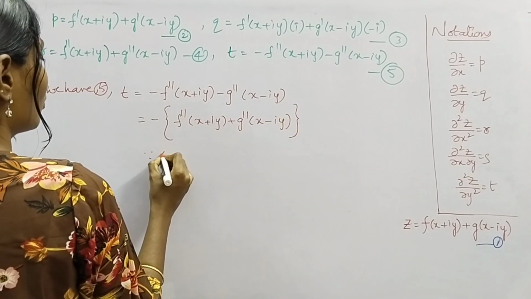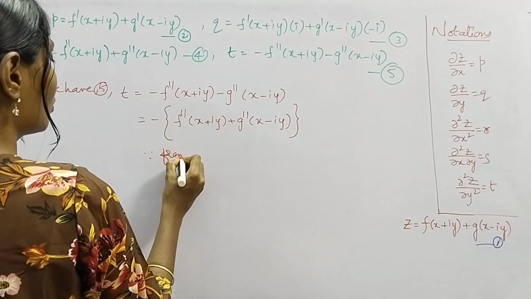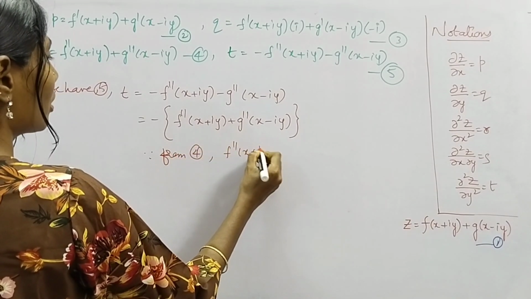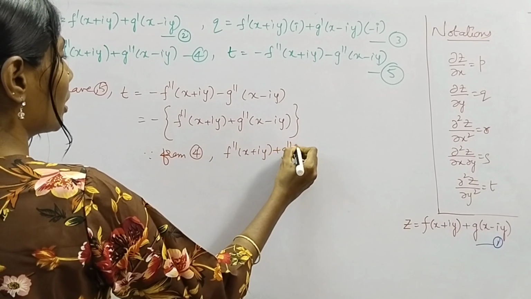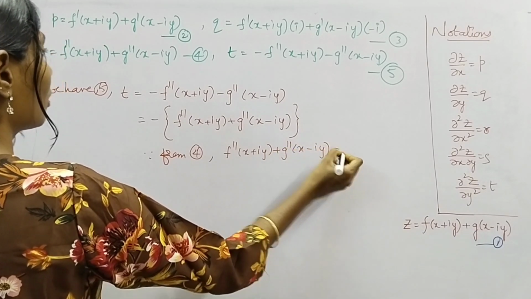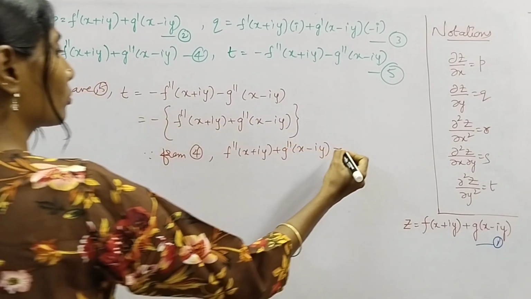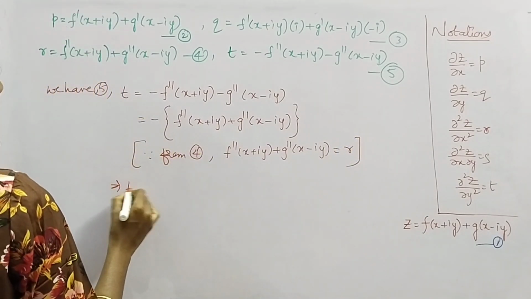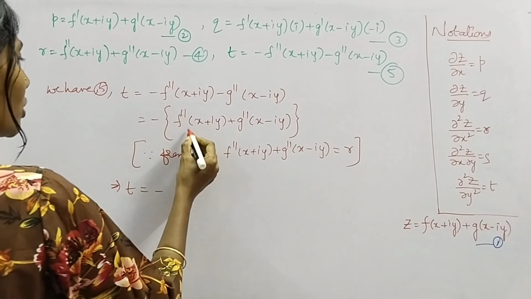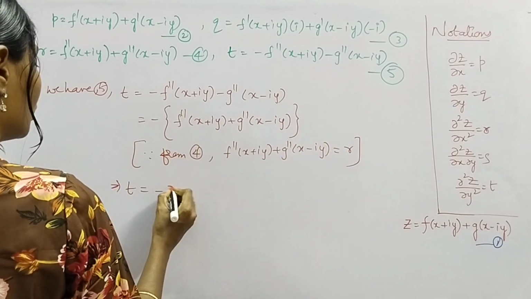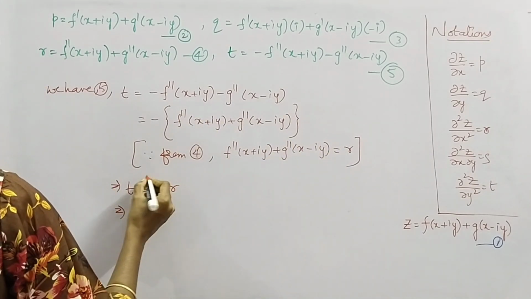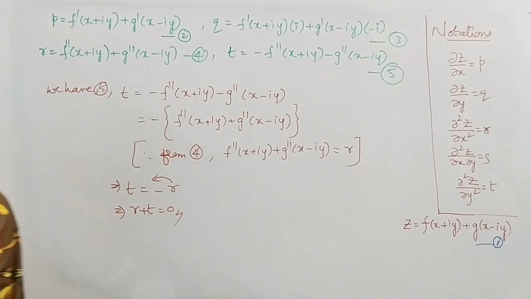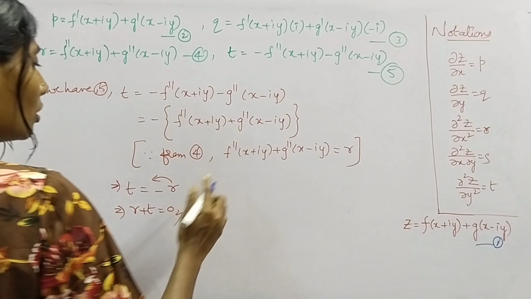Since from 4 we have f double dash of (x plus iy) plus g double dash of (x minus iy) equal to r, this becomes t equal to minus r. Bring this r to the LHS, you'll get r plus t equal to 0, which is the required partial differential equation.